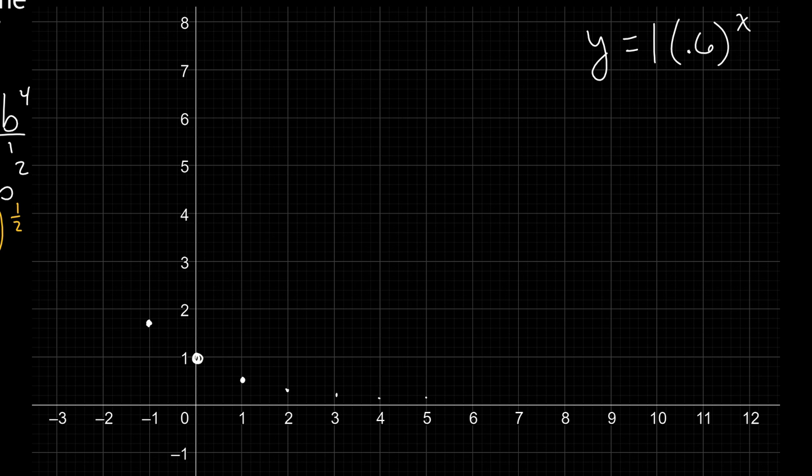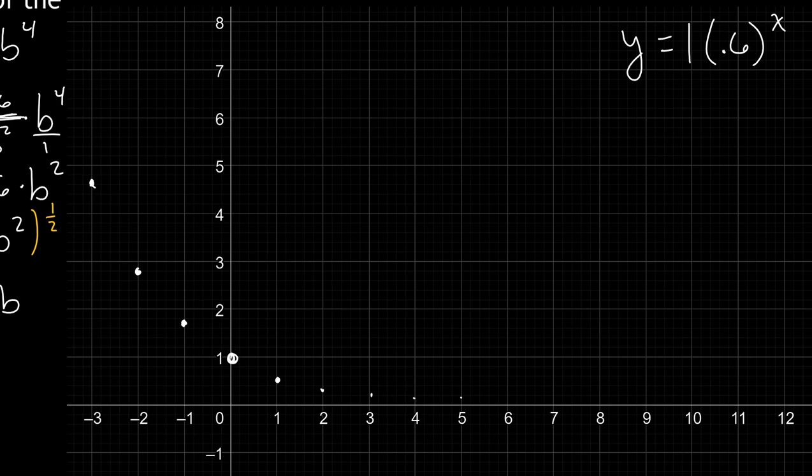So here is about 2.77. And if I plug in a negative 3, that gives me 4.6, so about here. So I have a pretty good idea of what this curve is doing, so I'm just going to go ahead and sketch it. I probably didn't need as many points as I did, but here it is.